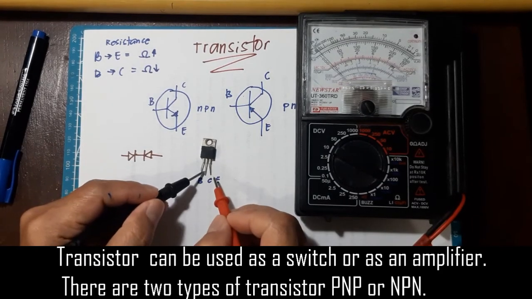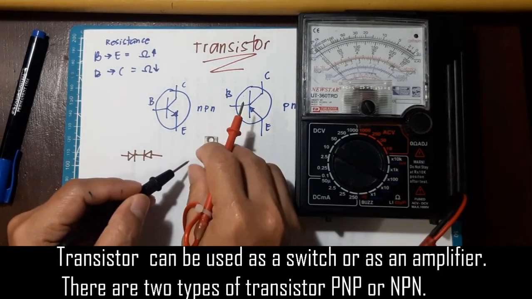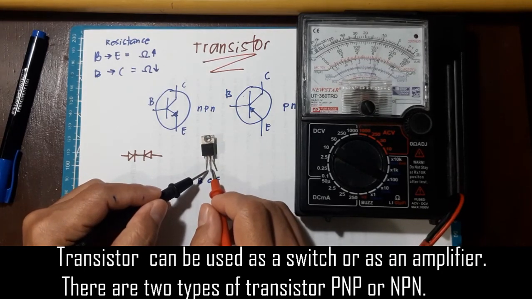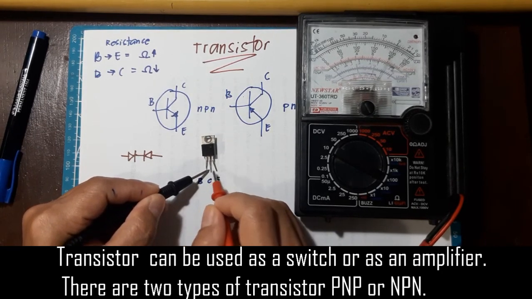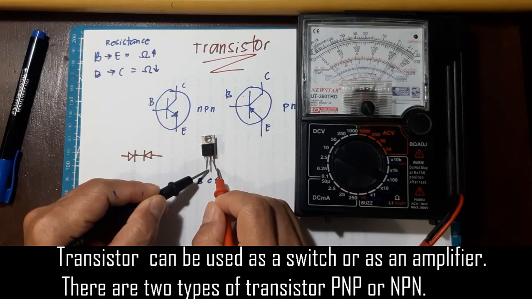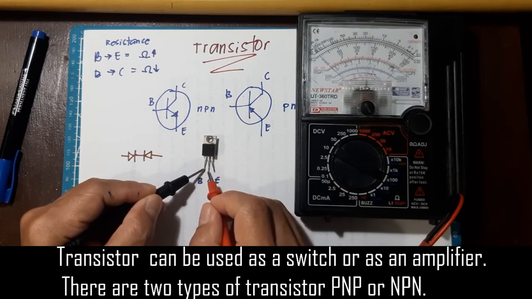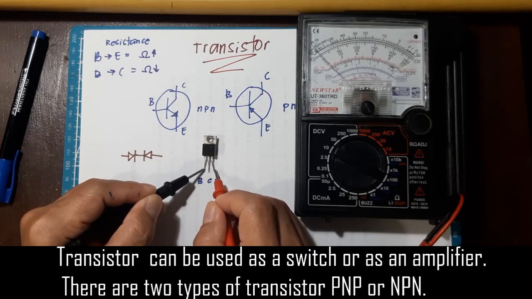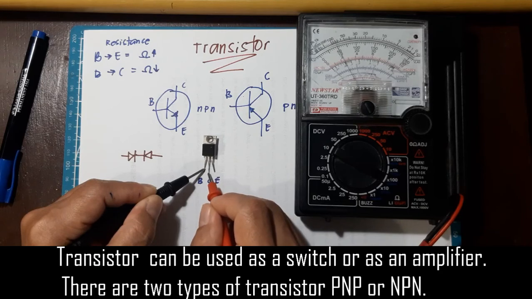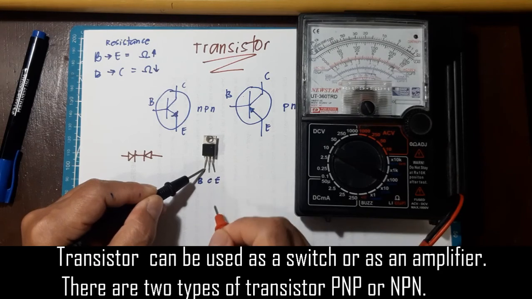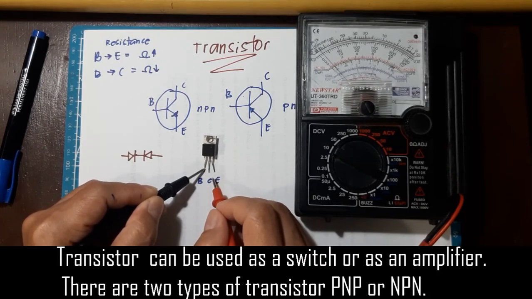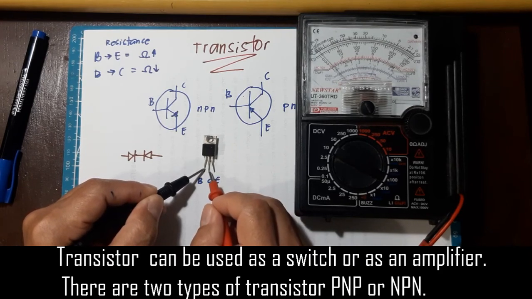Again, let's try again. Base to collector, and this is my base to emitter, which is greater compared to this one. Let's try again.